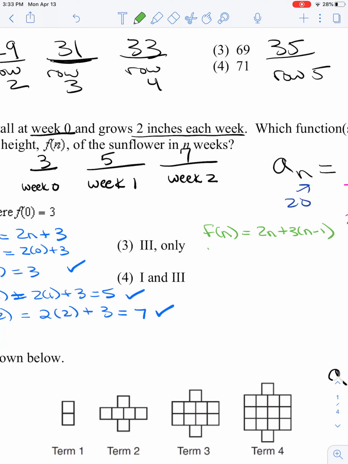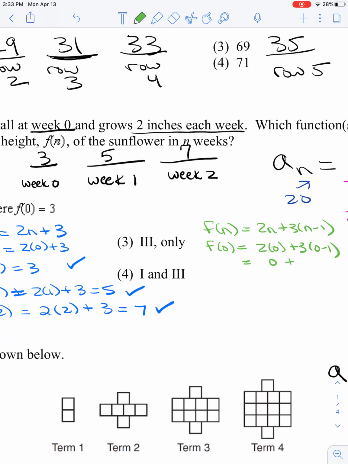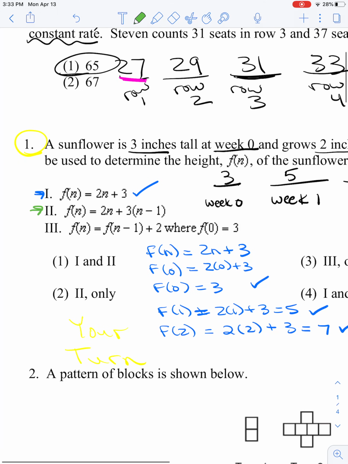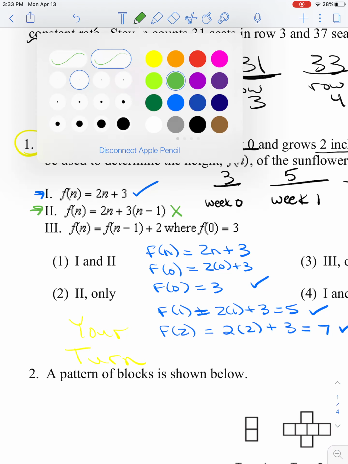I'm going to plug in 0 because at week 0 I should get back a 3 if this equation is correct. So 2 times 0 plus 3 times 0 minus 1. So I get 0 plus 3 times negative 1, which is negative 3. So at week 0, they're saying my plant would be negative 3 inches. So this choice does not work.